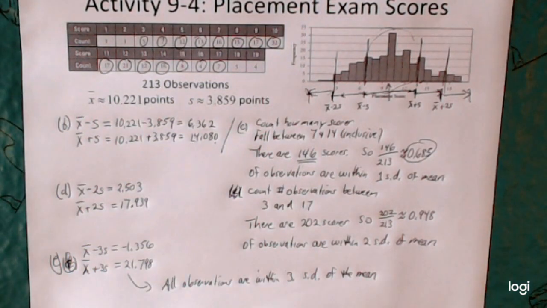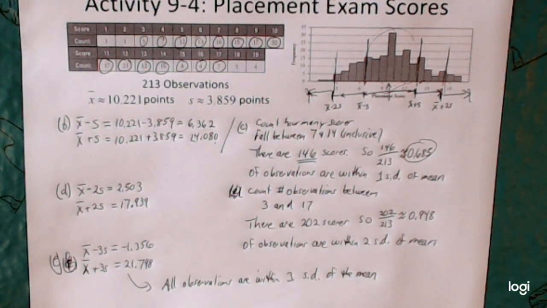Okay. All right. So we've answered all the questions from activity 9-4. We've done our job. Now, what's important is that what we have observed here happens in virtually all normal distributions or symmetric mound-shaped distributions in one form or another, at least approximately. Okay? And that's what we call the empirical rule.